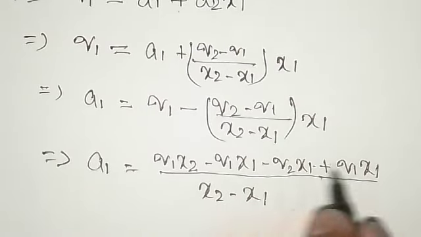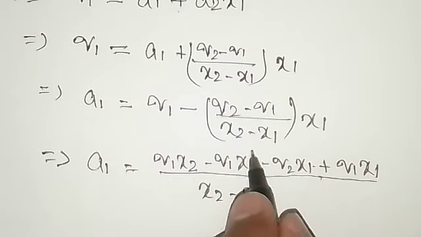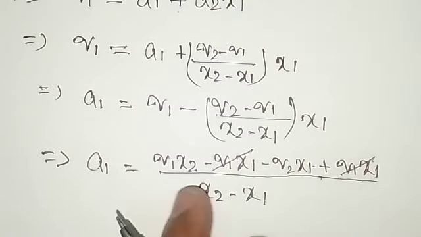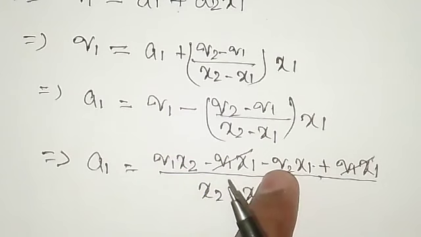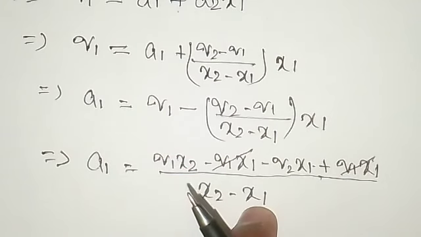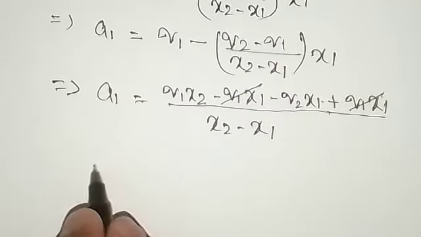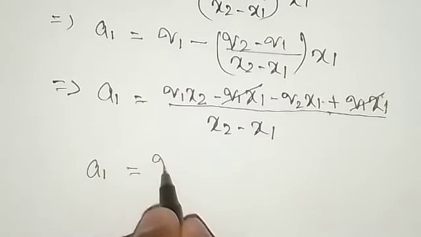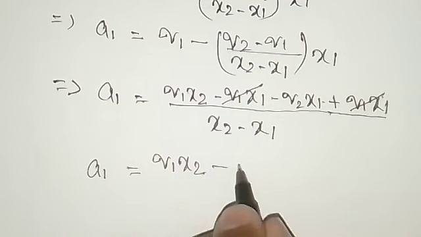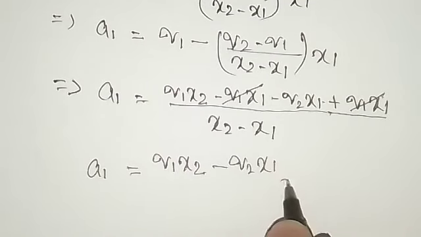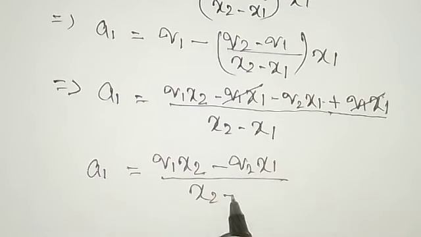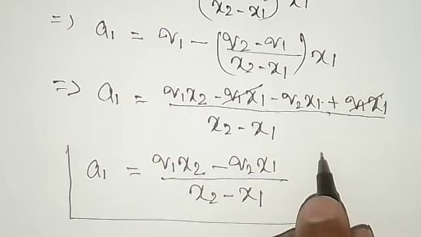This minus q1 x1 and plus q1 x1 get cancelled. So let's cancel them, right? What remains is q1 x2 minus q2 x1 by x2 minus x1. So this is your a1, right? a1 is equal to q1 x2 minus q2 x1 upon x2 minus x1. So a1 also we got, right?